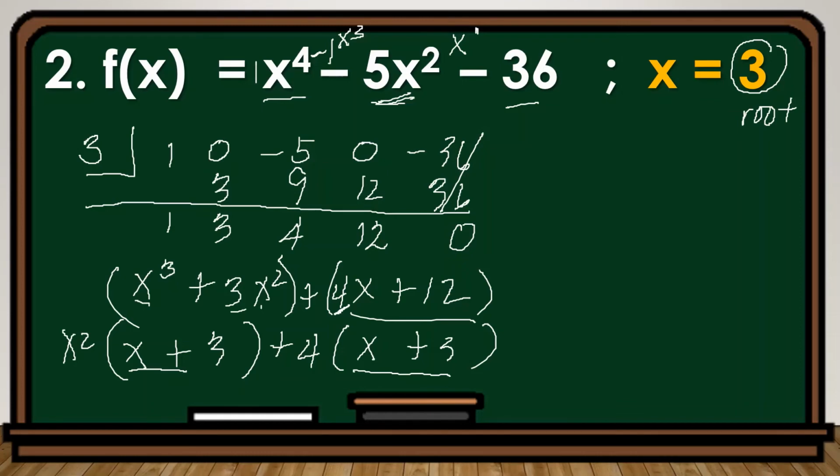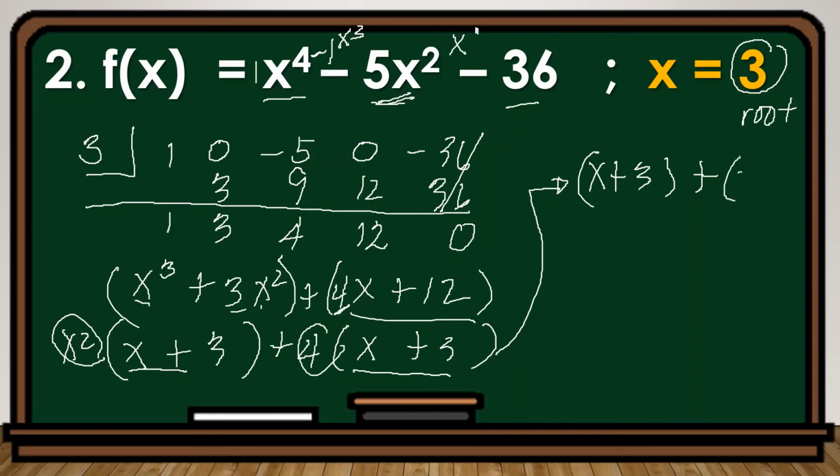Continuing this will give us, as the rule, as long as they are the same, we can write them as 1. Then we can combine the terms outside. So this will be x squared plus 4. I'm sorry, let's remove the plus. These are factors now, so no more plus sign in between.